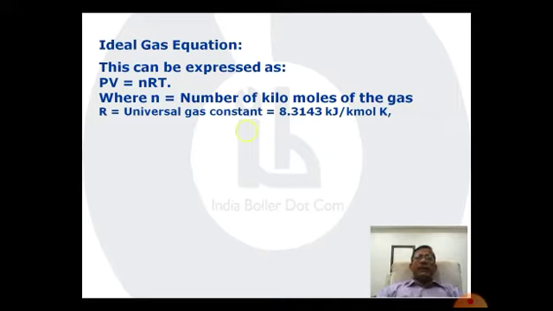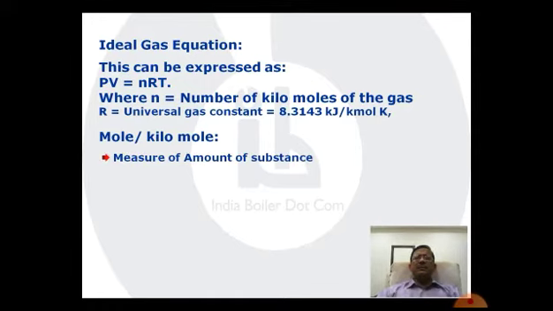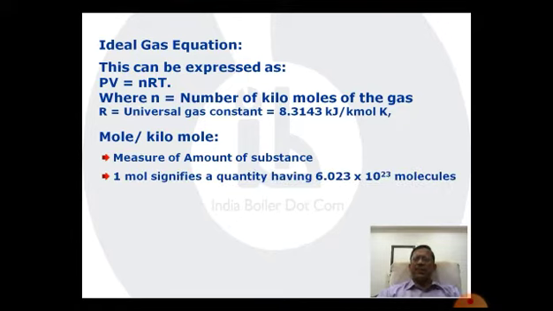Now the question we need to ask, and it is very important to understand, is what is a kilomole or mole. Mole and kilomole represent an amount of substance, a quantity of substance. When we say 1 mole, we actually mean a specific number of molecules, an Avogadro number of molecules, 6.023 into 10 to the 23.